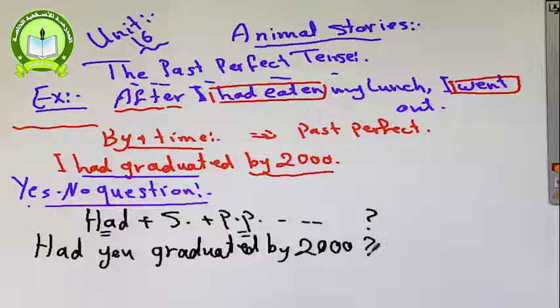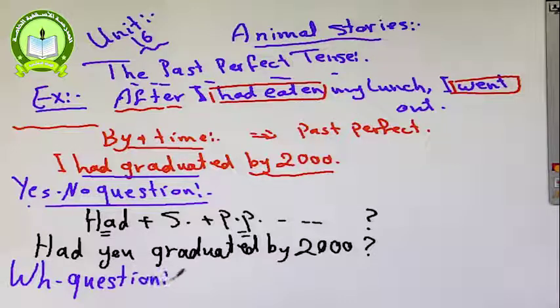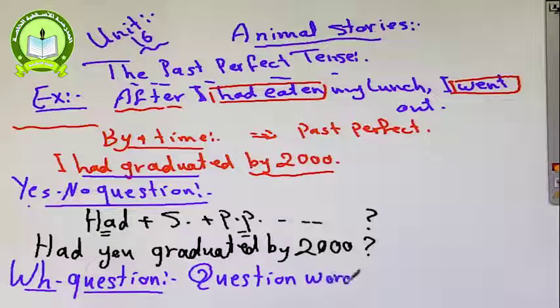Okay? Even if you want to talk about a WH question, you should follow the steps of forming the question. Question word at first, then had, then subject, then past participle, and complete your sentence.